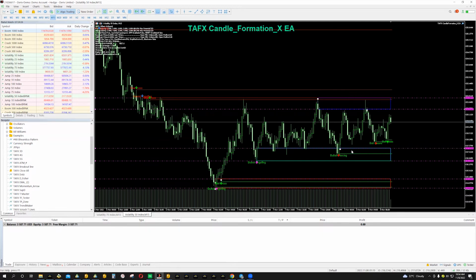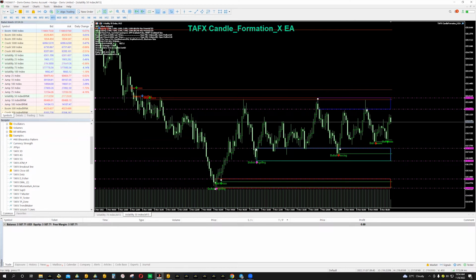So the power of candle formation after the zone, after the super zone, is that's where we are expecting the market to pull back, and it will look if we have a candle formation. You can see after this pullback, we have a bullish piercing, right?